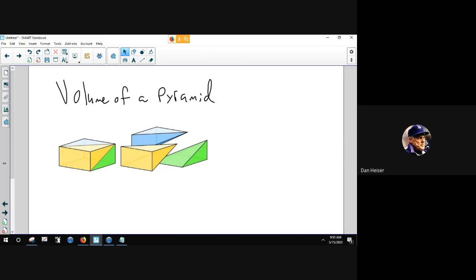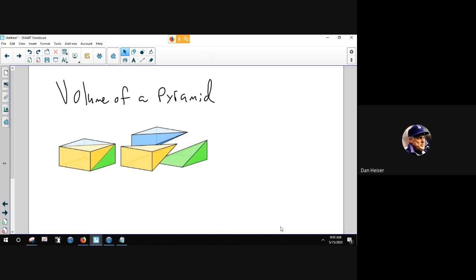And looking at this, we can see that a pyramid is not half a prism. A pyramid is 1/3 of a prism. It takes these three pyramids to cover the same volume as this prism.